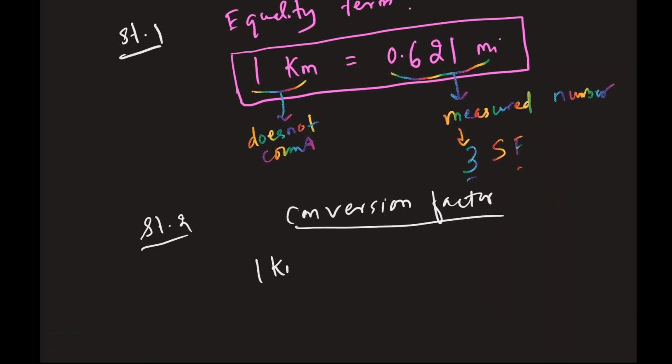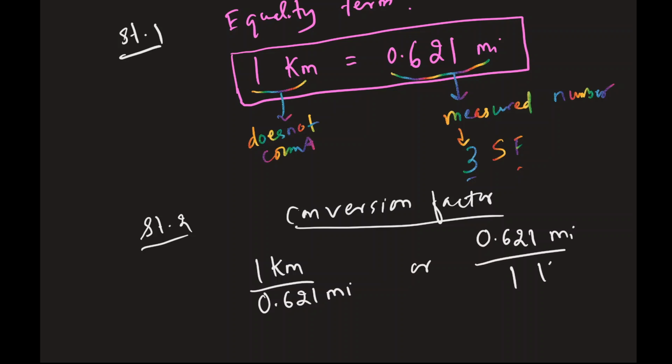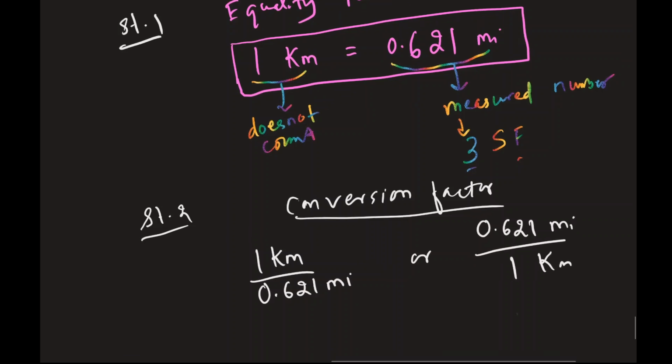It's going to be 1 kilometer per 0.621 mile, or 0.621 mile per 1 kilometer. Got it? Okay, so that's our conversion factor.